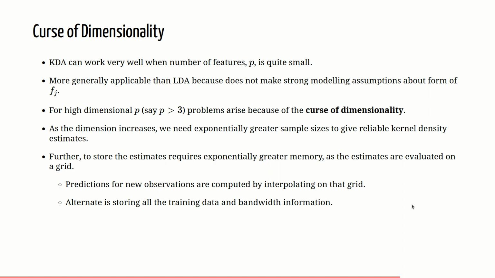It's a little bit unintuitive, but one way to look at it is to consider, instead of a kernel density estimate, a histogram. Suppose you have a histogram for just one predictor. Then you might use, say, 10 bins, so 10 bars in the histogram, to estimate the probability of the predictor within the class.